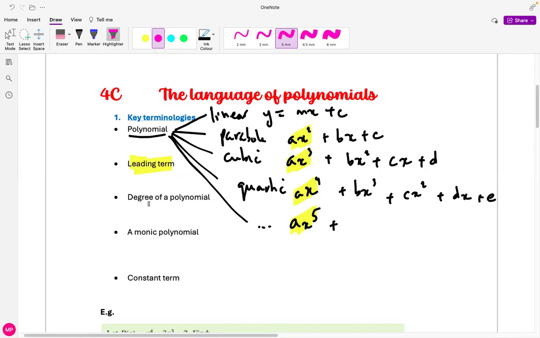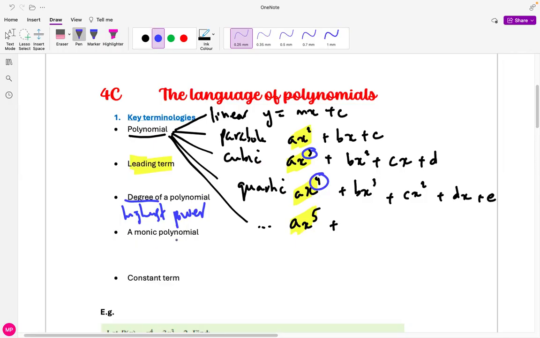The degree of the polynomial is just the highest power. So you can see basically the degree of a cubic is 3, the degree of a quartic is 4, etc. Okay.